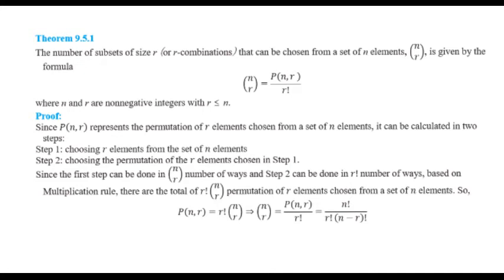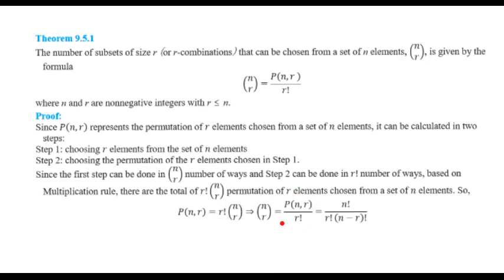So P of n and R, which is the number of R-permutations of a set of size n, is equal to R factorial times n choose R. So if you divide this equation by R factorial, you'll get n choose R equal to P of n and R divided by R factorial.